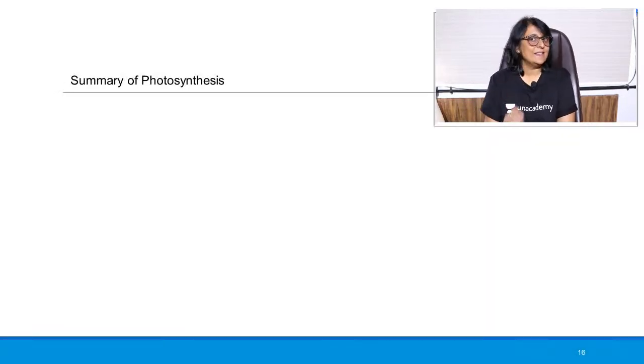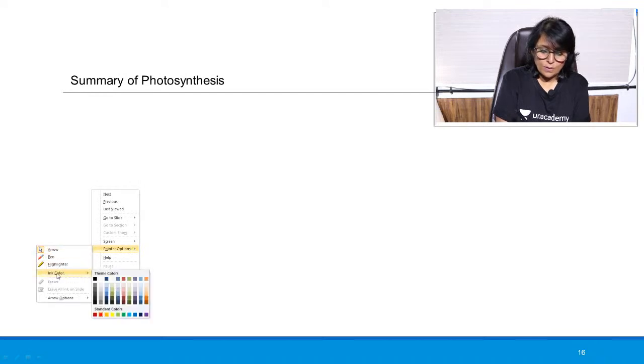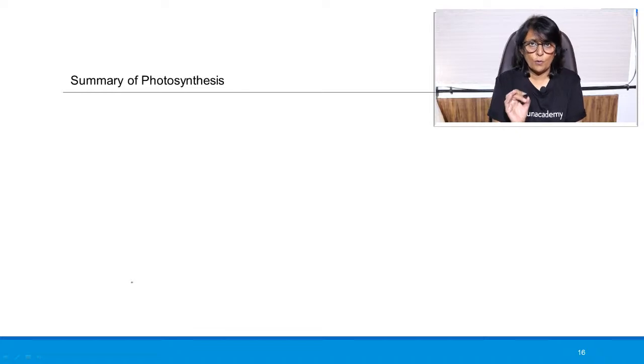Now we have seen the steps. So if we have to explain this photosynthesis in a very short manner, in the form of a summary, how do we explain this? Suppose I draw the chlorophyll molecule, because we have heard of chlorophyll only.